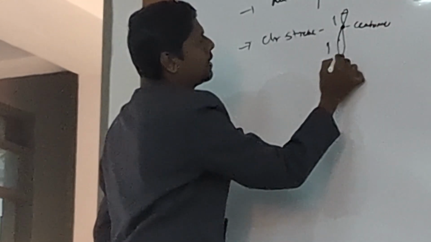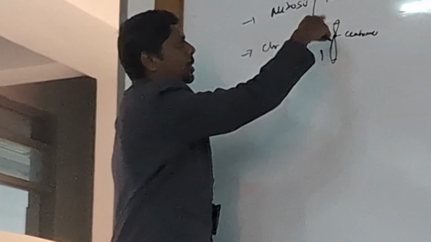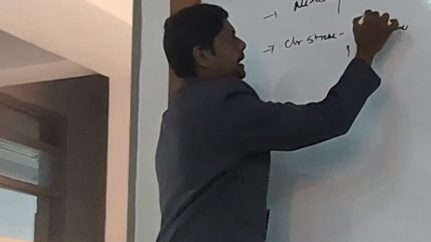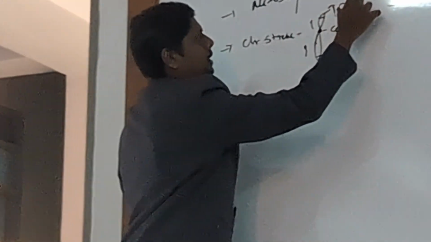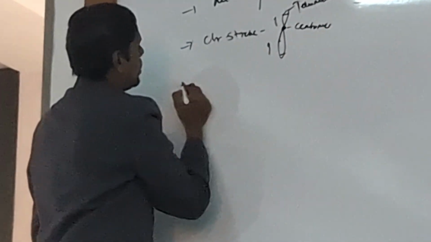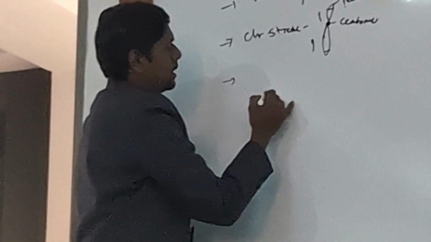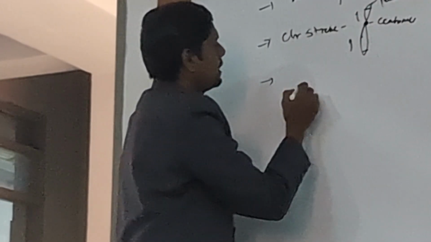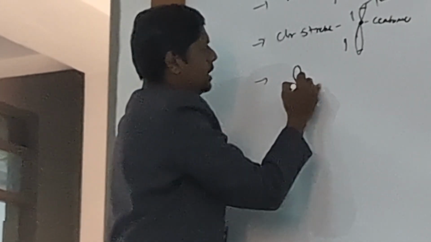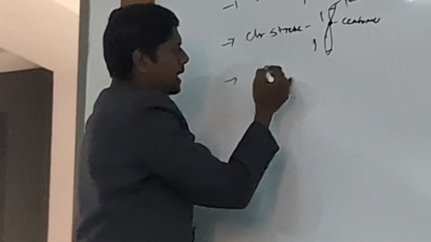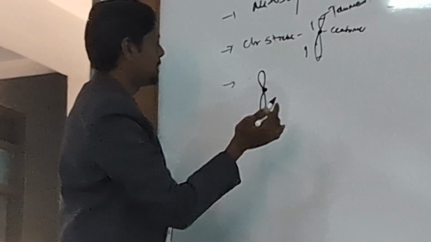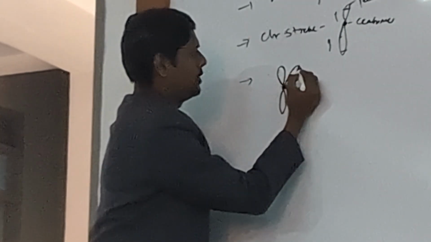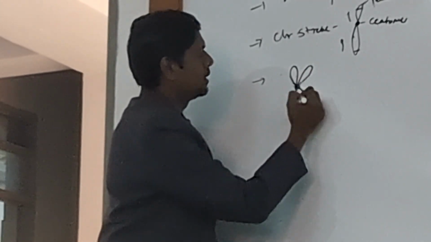Centromere. Then the terminal portions of the chromosome are called telomeres. Then we discussed chromosomal replication or division. In division, we will get a duplicate of each chromosome.